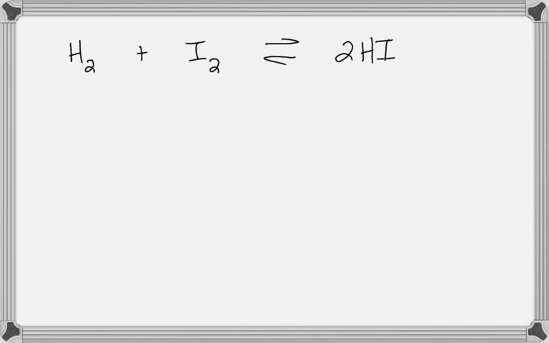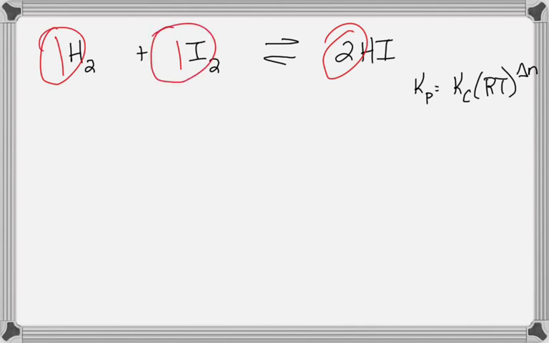All right, we go back to this formula. KP is equal to KC times RT raised to the delta N power. We have a temperature, and we know what R is. What's the delta N? It's the total moles of gaseous products, which is 2, minus the total moles of gaseous reactants, which is 2.